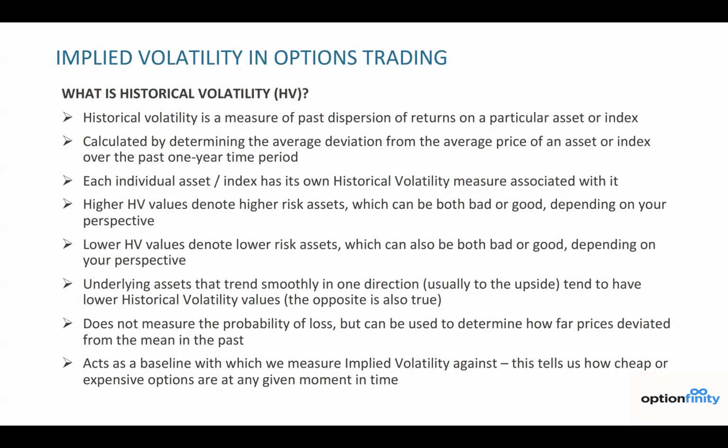And those that have had nominal volatility over the past year will have lower levels of historical volatility as well, right? And so again, as I said before, the importance of historical volatility is that it acts as a baseline with which we measure implied volatility against. And this tells us how cheap or expensive options are at any given moment in time, right?